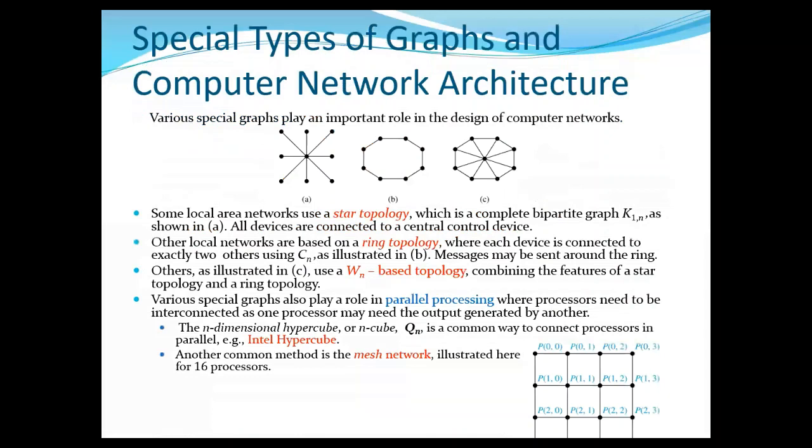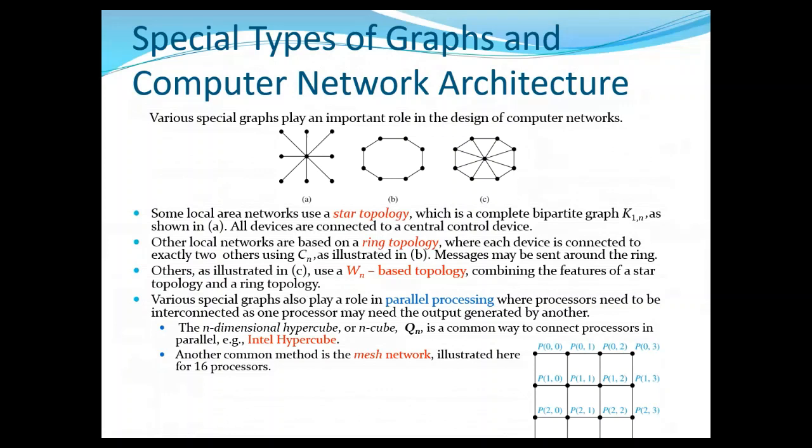And we also have special types of graphs that are used in computer networks. We have a star topology, which has a central connection between nodes, and we have a ring topology, where our nodes or vertices are connected in a circular manner. We also have a hybrid topology, which is a combination of star and ring topology.